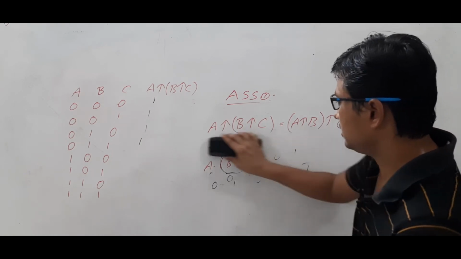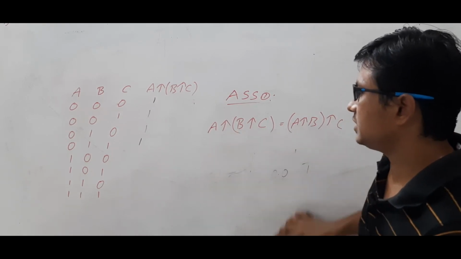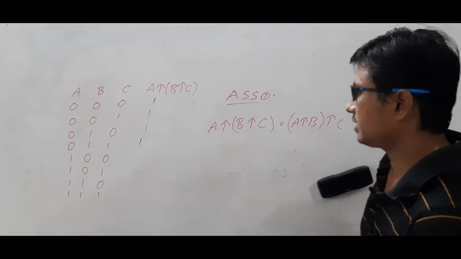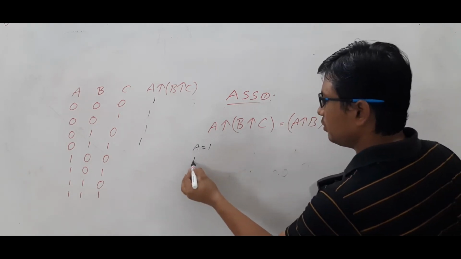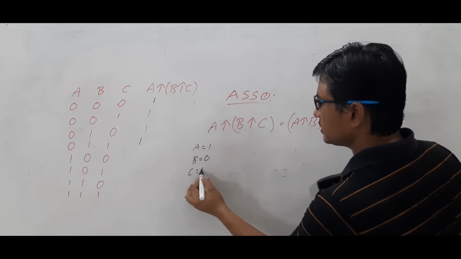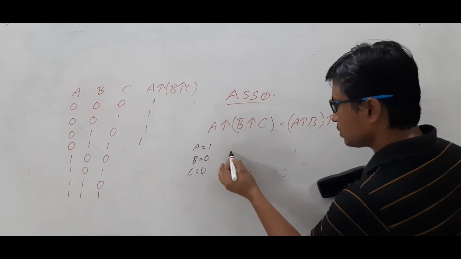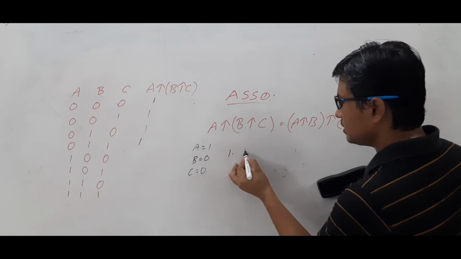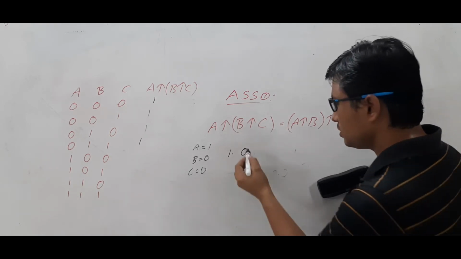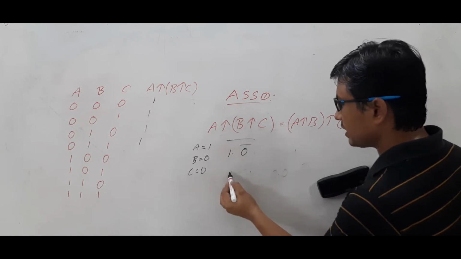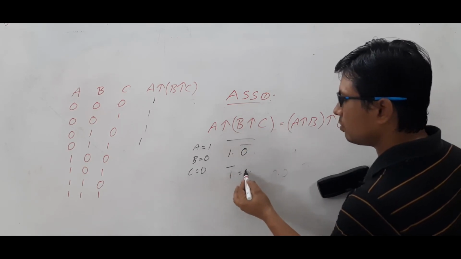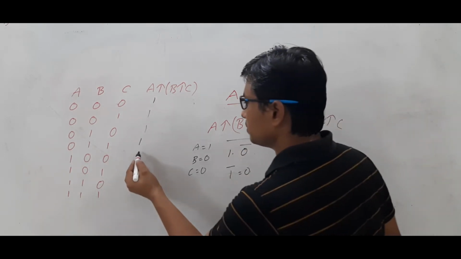Is it clear? Similarly, if you see the other cases, A value is 1, B value is 0, C value is 0. So 1 and 0 is 0, 0's whole complement will be 1. So 1 and 1 is 1, 1's whole complement will produce 0 for you.